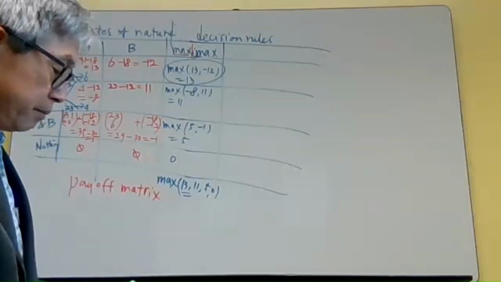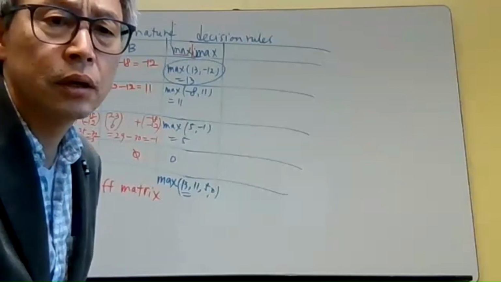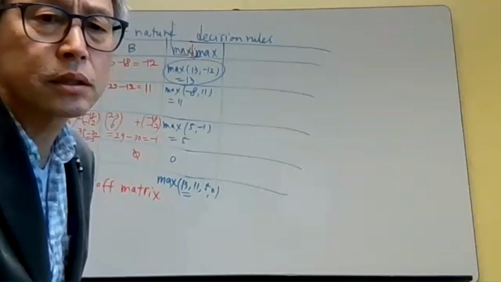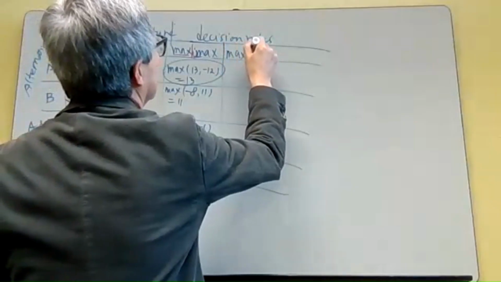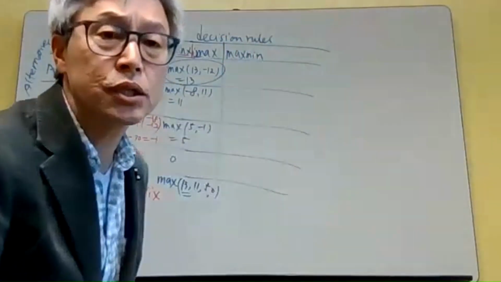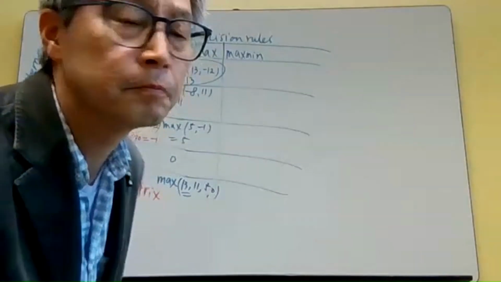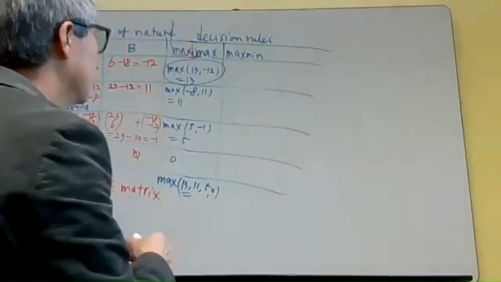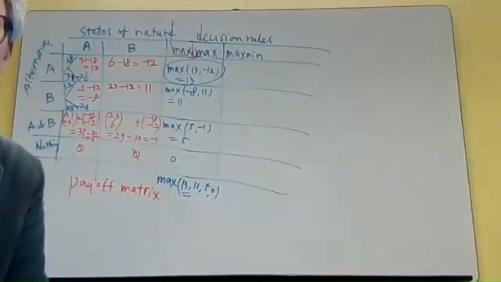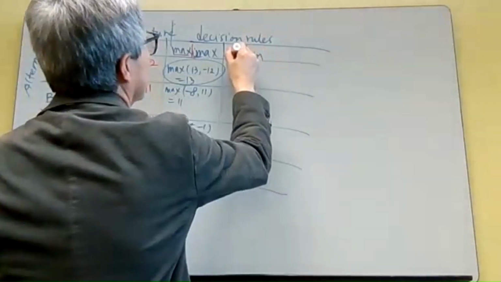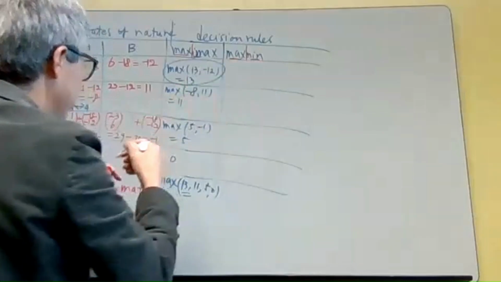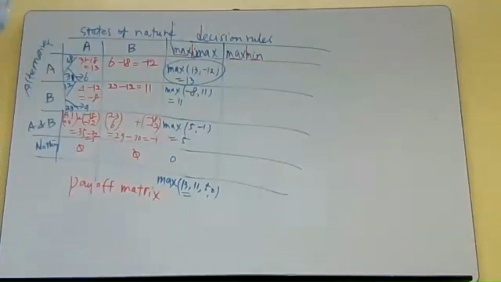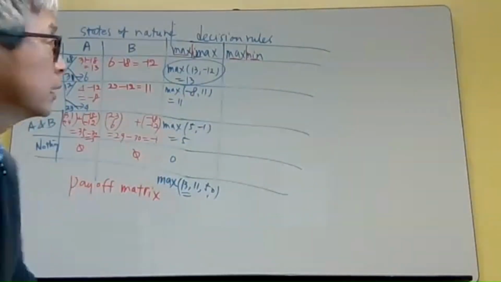Now let's go with the maximin decision rule. So we're going to find the minimum payoff of each alternative first.